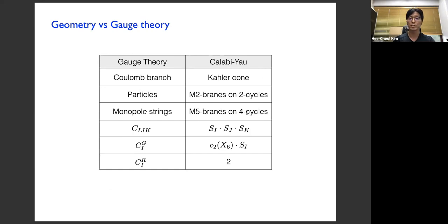And geometrically, the Chern-Simons terms in the field theories are interpreted as follows. The cubic Chern-Simons coefficient is mapped to the triple intersection of 3 divisors in the Calabi-Yau threefold. And the gauge-gravity mixed Chern-Simons coefficient is the intersection of the Chern class of the Calabi-Yau threefold with the component surface S_i.